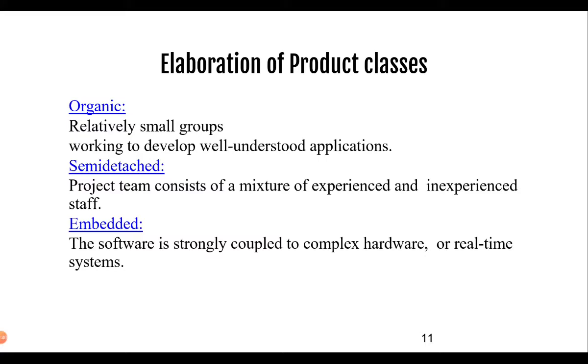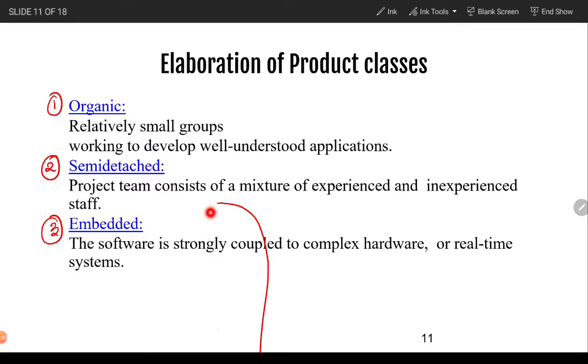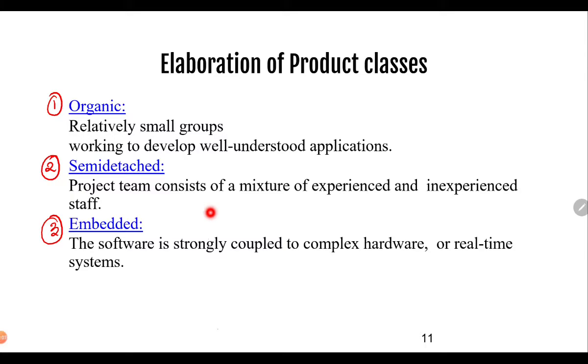Now, if we are talking about elaboration of these product classes, as already mentioned, we have organic, semi-detached and embedded types of projects. When we are talking about organic projects, they are relatively small groups and they work to develop well understood applications.